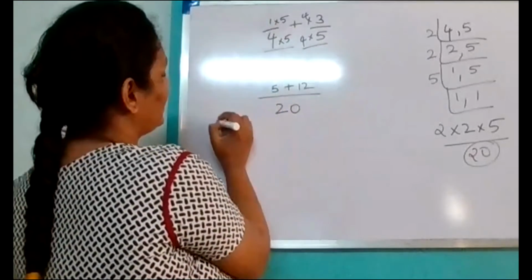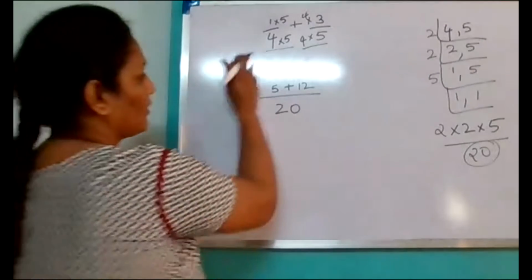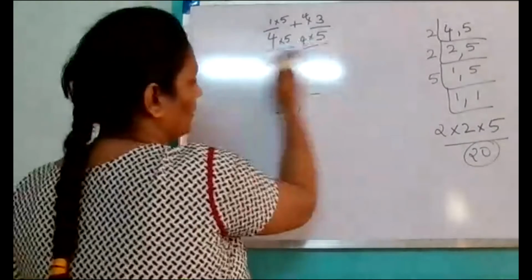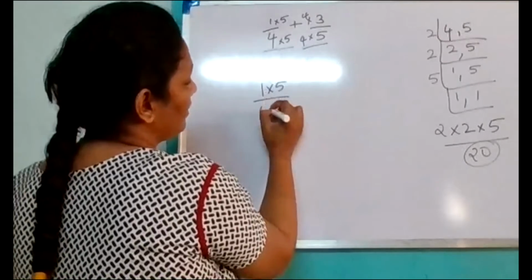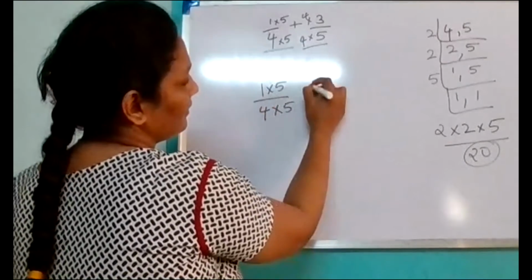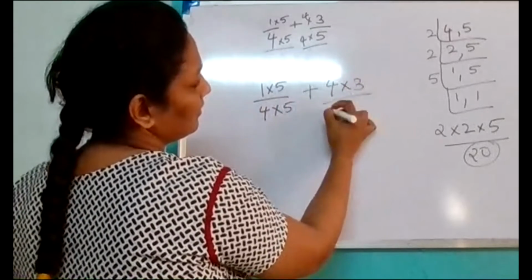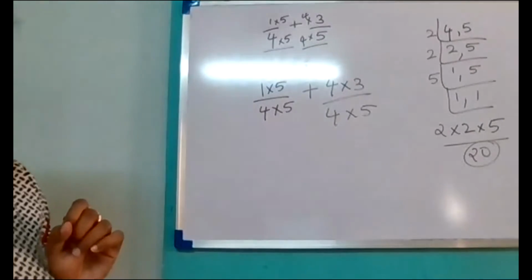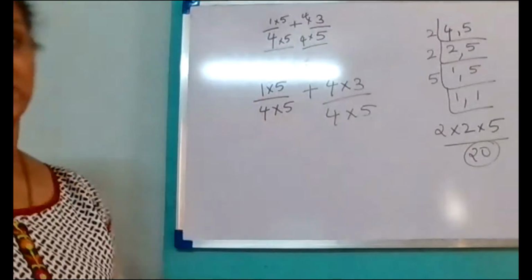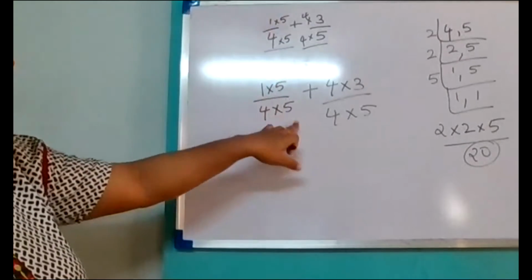So I can write it as 1 into 5 upon 20. Write it in the notebook. No, you all have to first understand. Ma'am, I can't see the board properly. Wait.